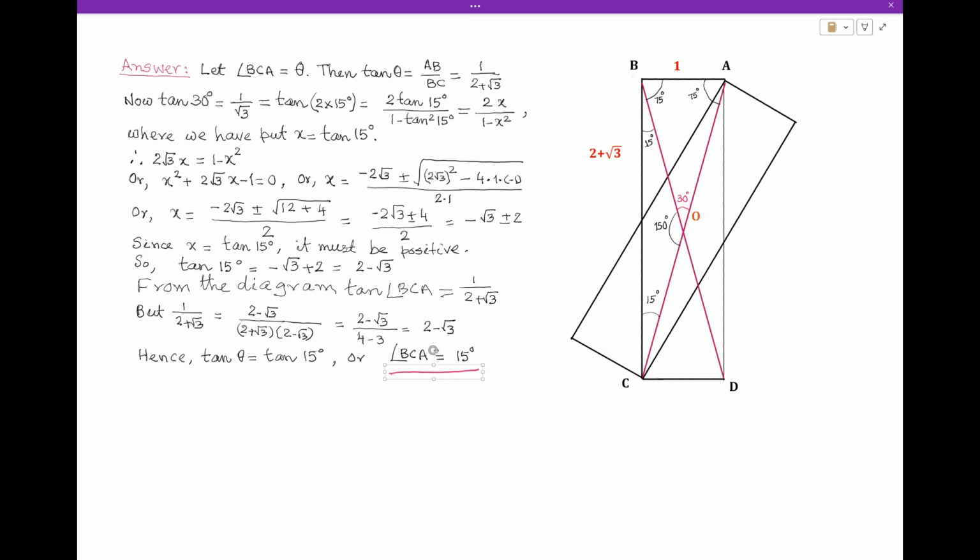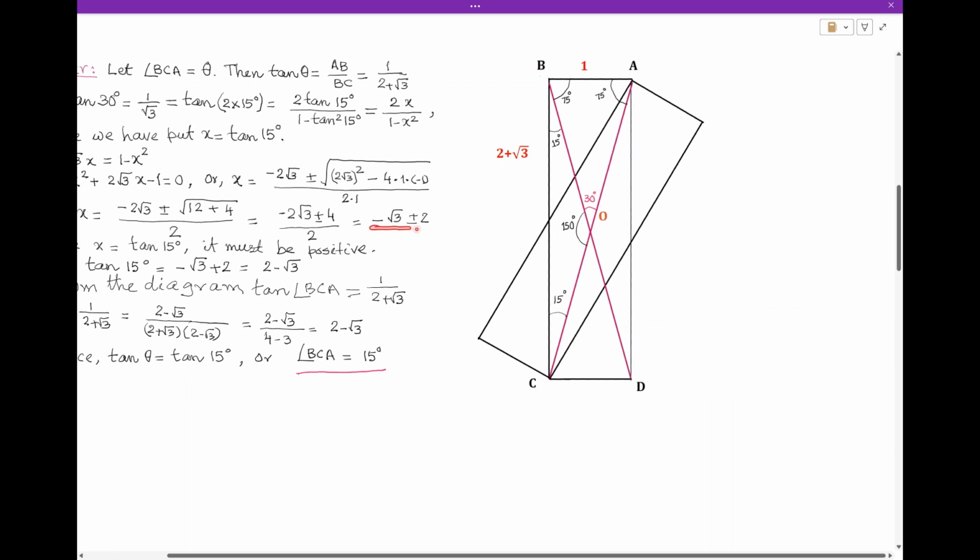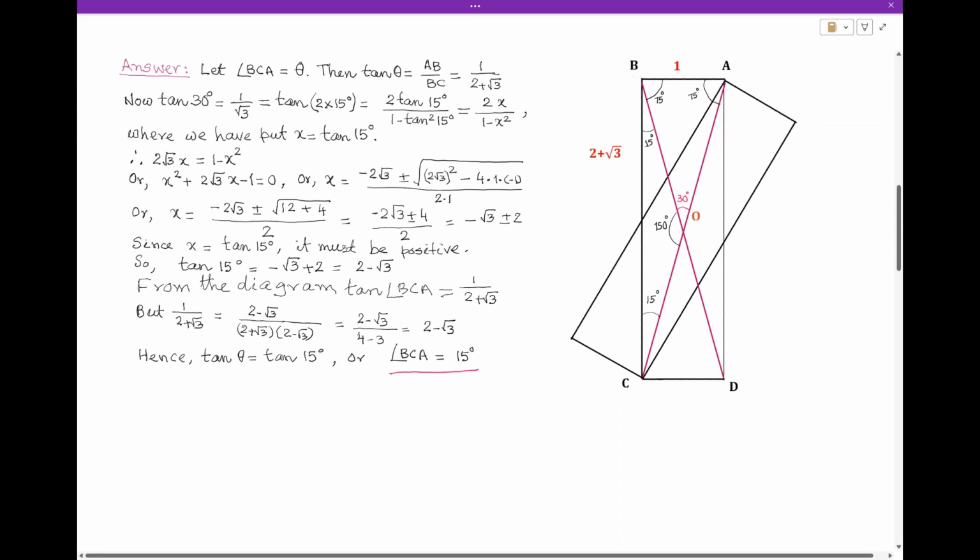By simplifying this expression, we get minus 2 root 3 plus minus square root of 12 plus 4, whole divided by 2, and that is equal to minus 2 multiplied by square root of 3 plus minus 4, divided by 2, or minus square root of 3 plus minus 2. Now tan 15 is positive. Why?